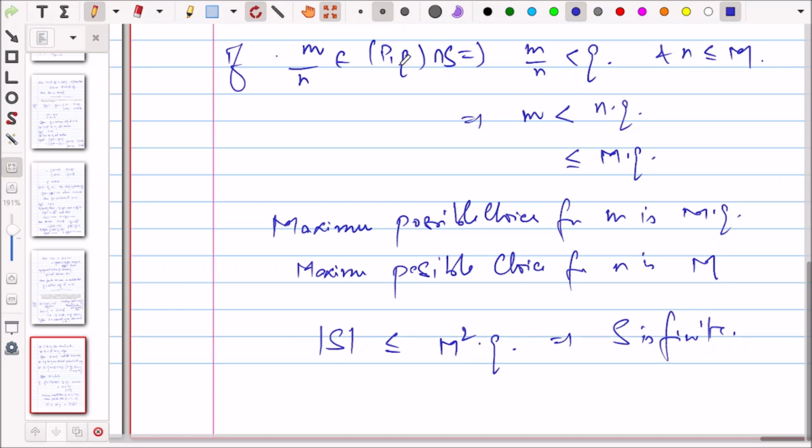Because if m by n belongs to this set, that means m by n is less than q, and n is less than or equal to m, so your capital M is less than or equal to M q. So how many choices for this? You have M q, and the number of choices for n is M, so the cardinality of S is finite.